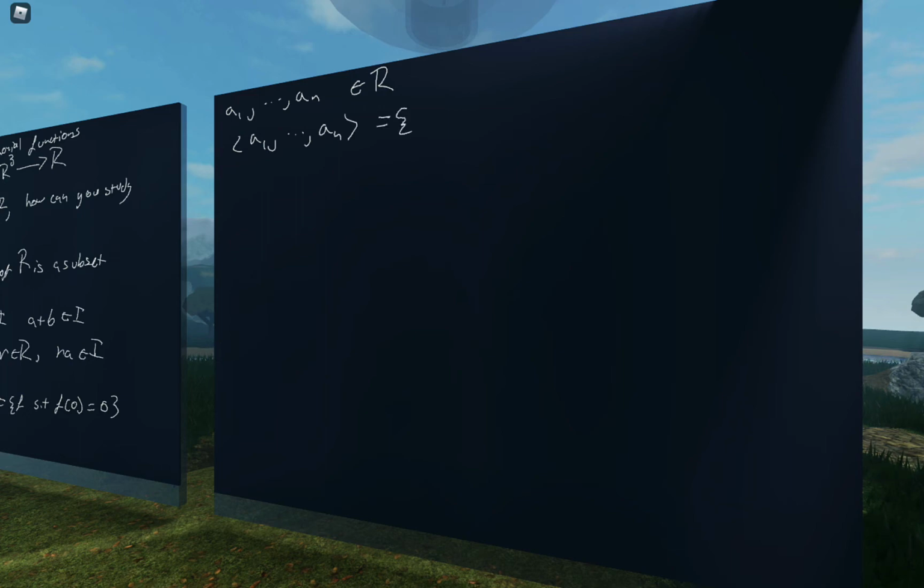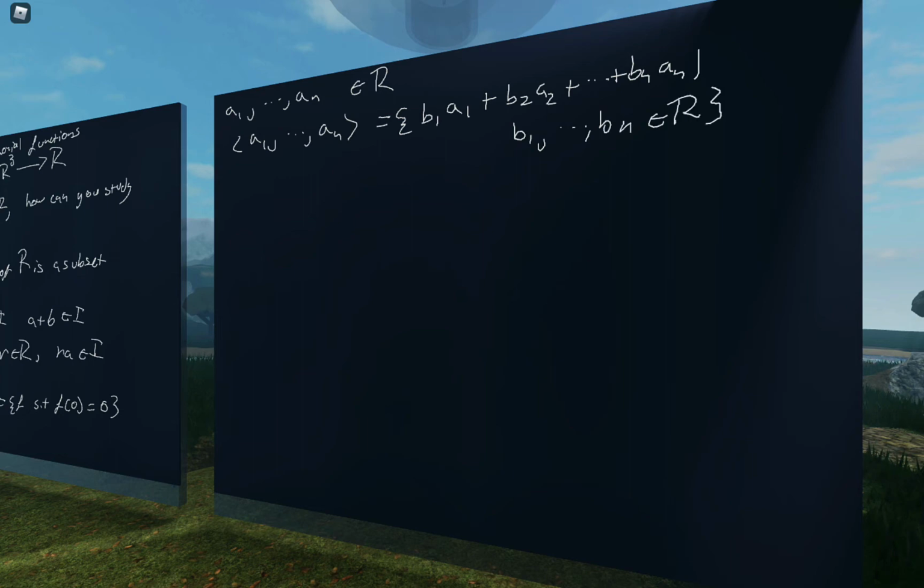And that's the set of all elements of the form B1 A1 plus B2 A2 plus ... Bn An, where B1 to Bn are just any element of the ring.